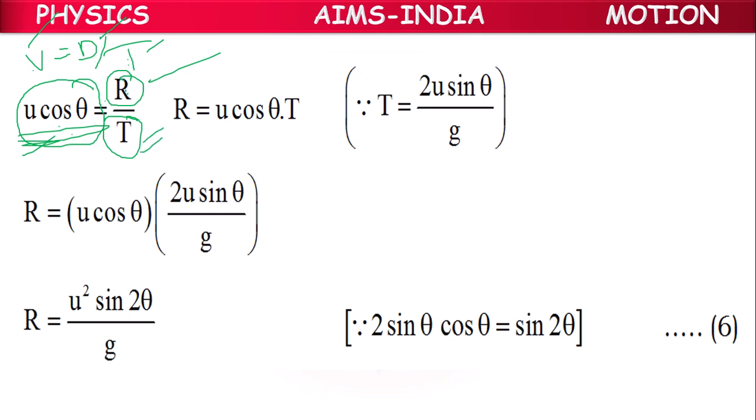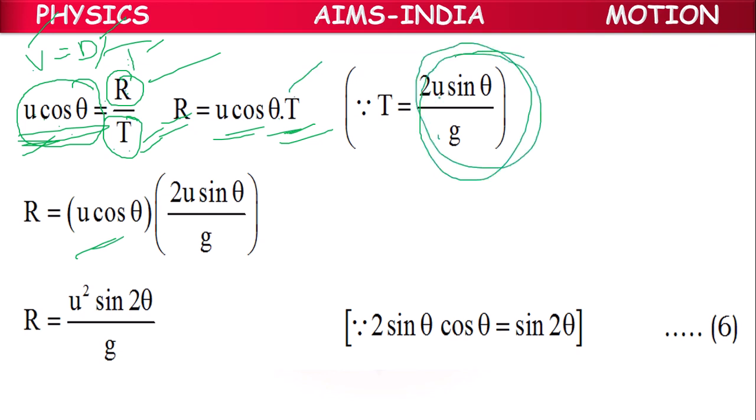So now R equals u cos theta into T. But this T value is 2u sin theta by g, because it is double the time of ascent. So in the place of capital T, we can keep 2u sin theta by g.